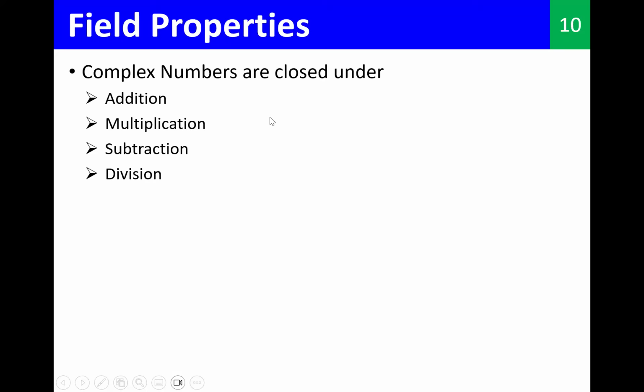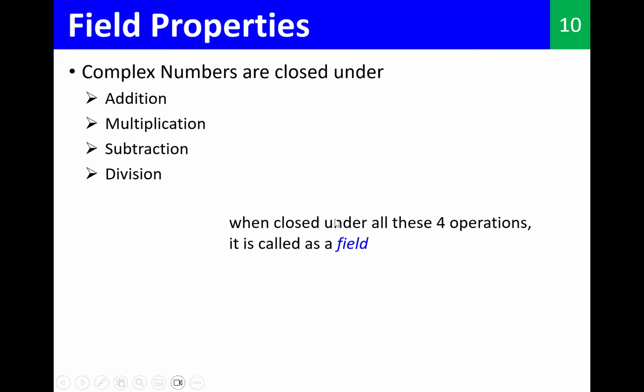What closed means is that if you take two complex numbers and add them together, the result would again be a complex number. If you multiply them, the product will also be a complex number, and the same goes for subtraction and division, right? When closed under all these four operations, we call it a field. So complex numbers have field properties.